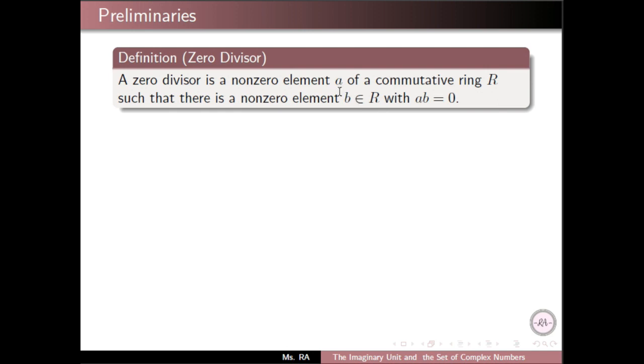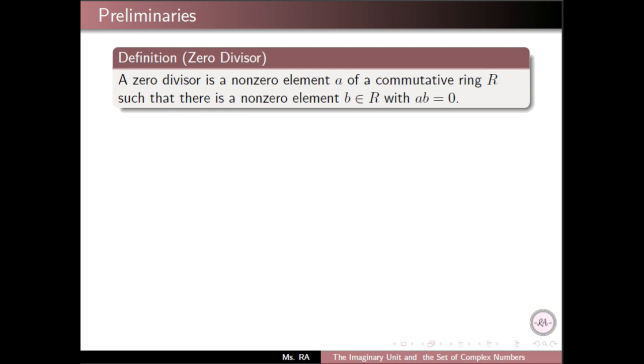Observe that A and B are both non-zero, but the product is equal to 0. If you are used to working within the set of integers, reals, and rationals, this definition might be counterintuitive simply because zero divisors need not exist within those sets. Nevertheless, there are sets where zero divisors exist.